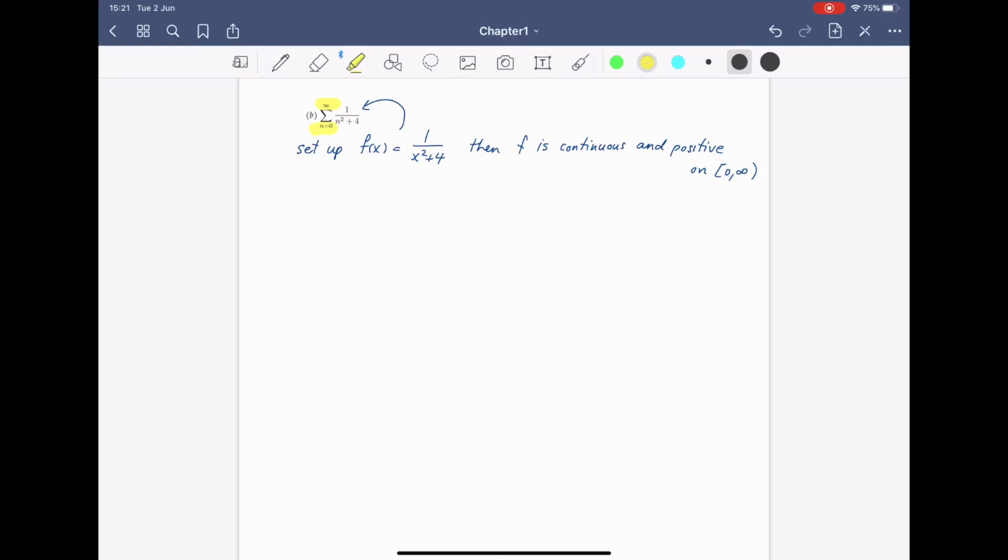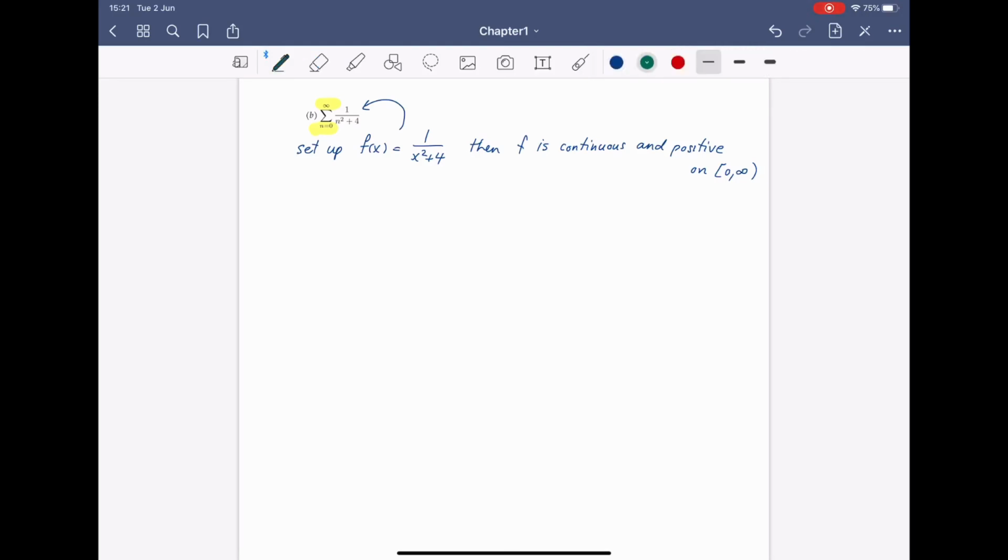Now to check that f is decreasing, what would you do? It is clear, because when x is getting bigger, x squared plus 4 is getting bigger, and 1 over x squared plus 4 is getting smaller. So that means function f is decreasing.